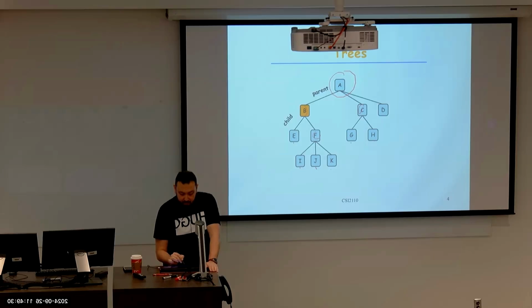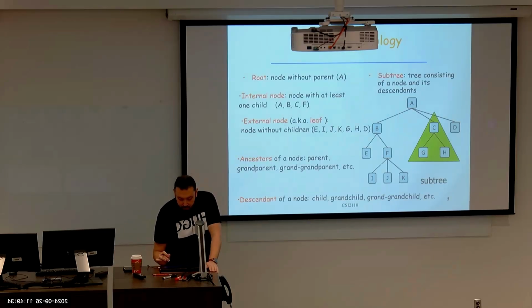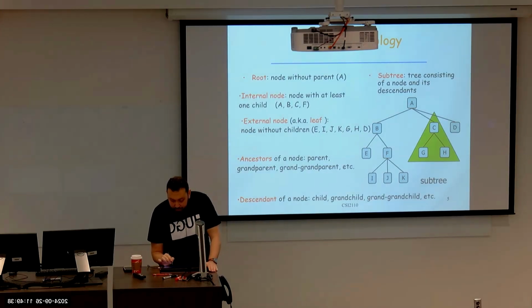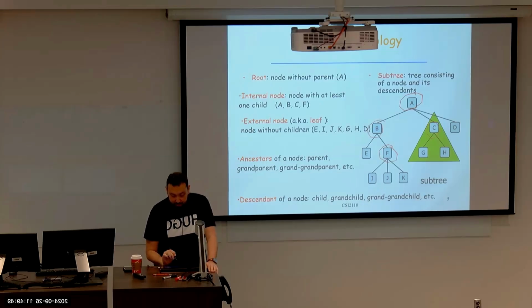So these here are going to be called external nodes or leaves. Let's take a look here, guys. That's the basic stuff that we're going to cover, so it sticks in our head. So root, internal nodes are what? B, F, C, for example. And then we have external nodes, we named them.